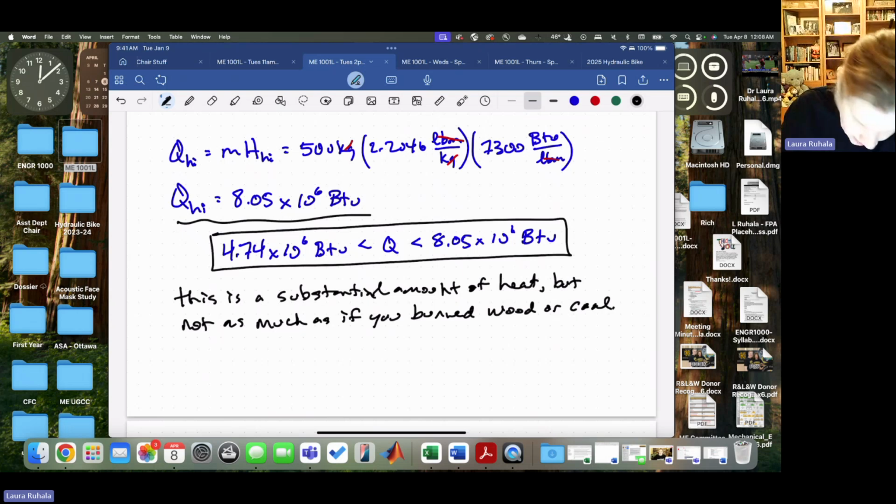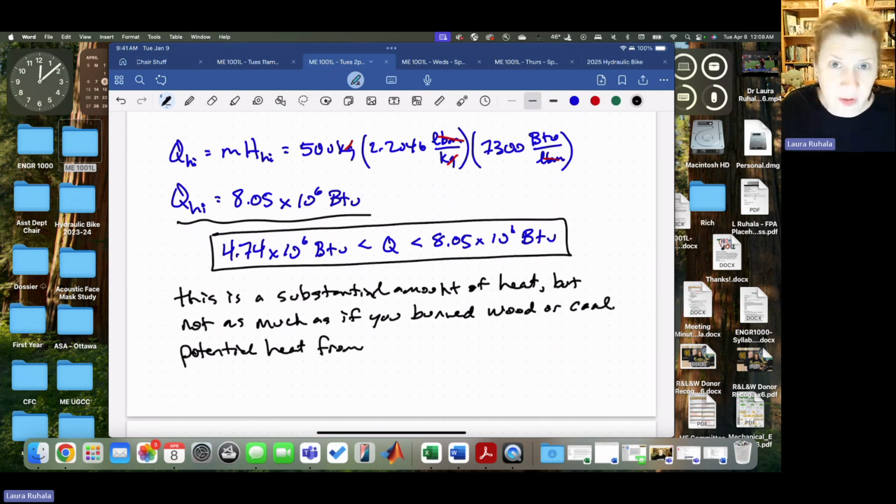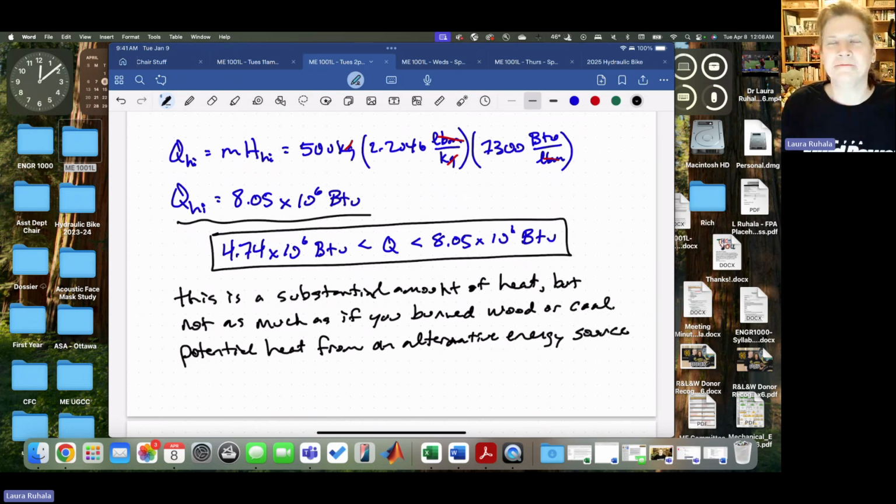It's potential heat from an alternative energy source. And you could say even in some ways a renewable energy source. Cow manure, you could think of that as renewable because it's going to come every single day.